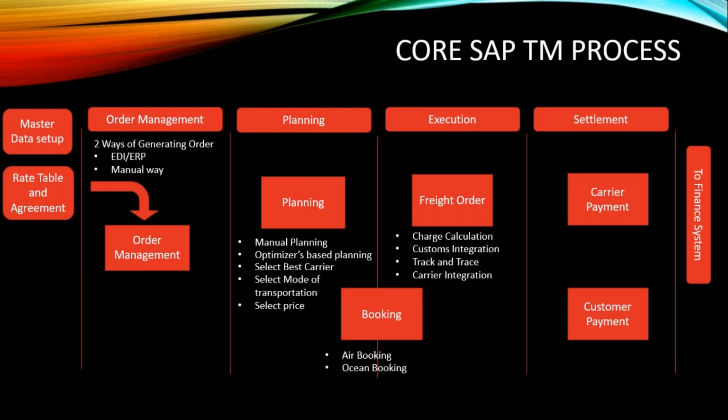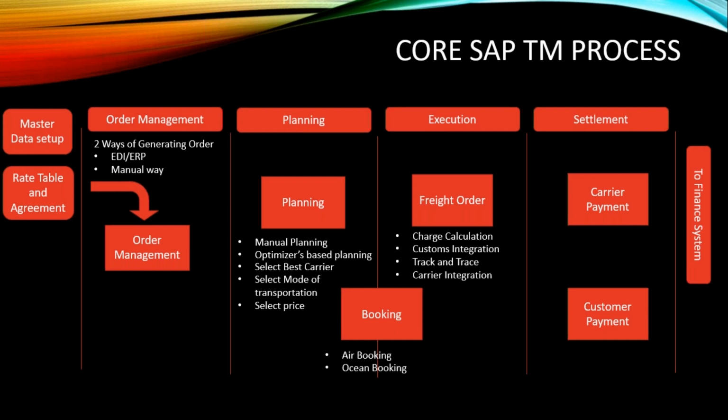So if you are automating something, that means it comes into your optimizer's way of planning. When I talk about optimizer's way of planning, that means it requires a huge amount of data to process, to churn out, then to provide a specific result. That is something which is referred to as optimizer-based planning. And you do have optimizer-based settings which you will be maintaining, which will be assisted by your ABAP code.